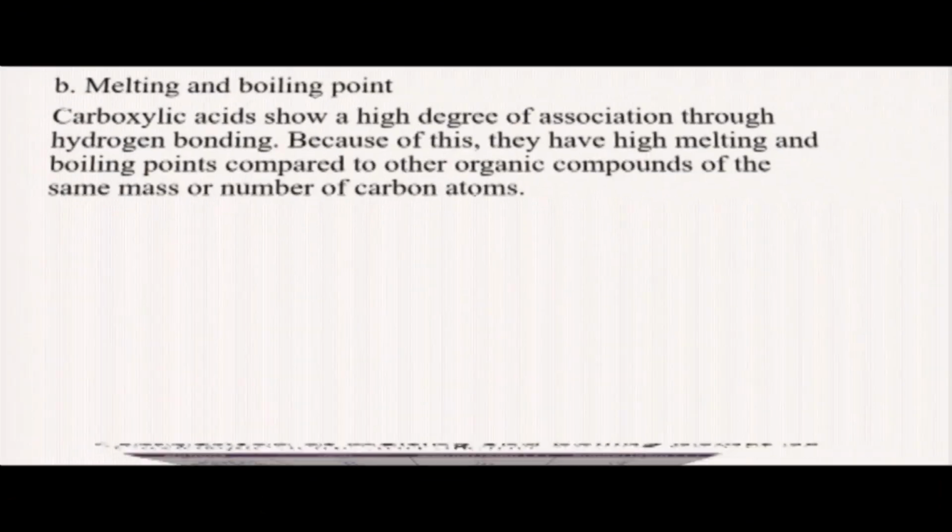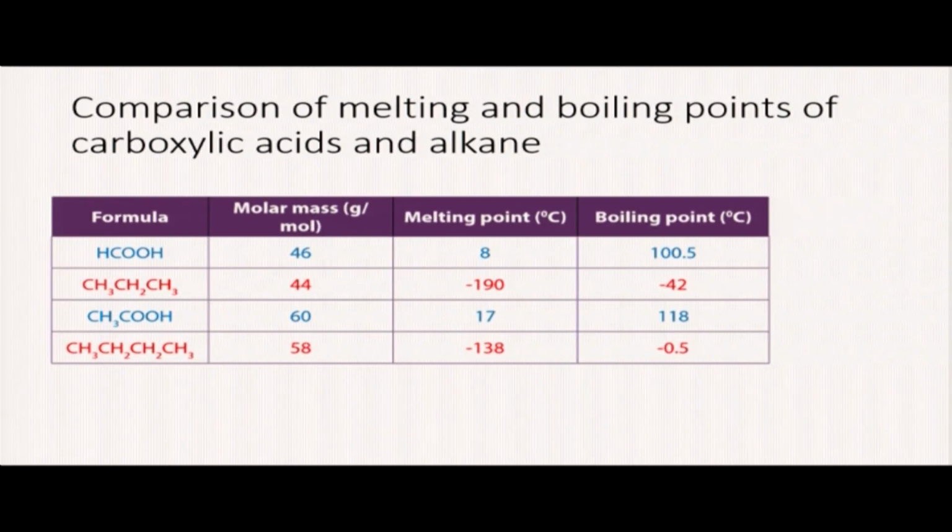Let's compare these carboxylic acids with other molecules, especially alkanes, of almost the same number of carbon atoms. Methanoic acid has a molar mass of 46, and propane has a molar mass of 44.